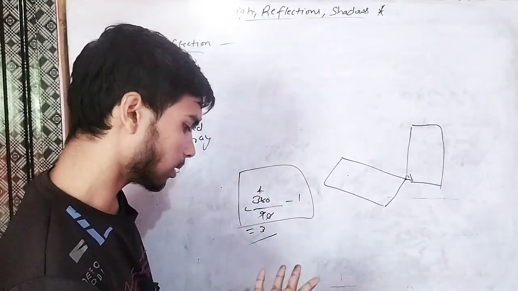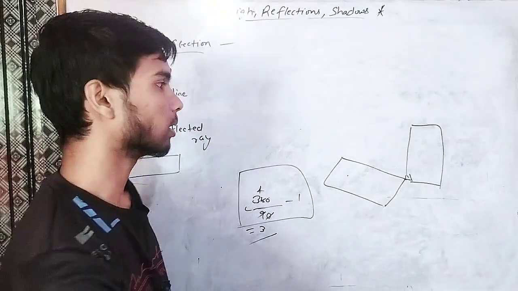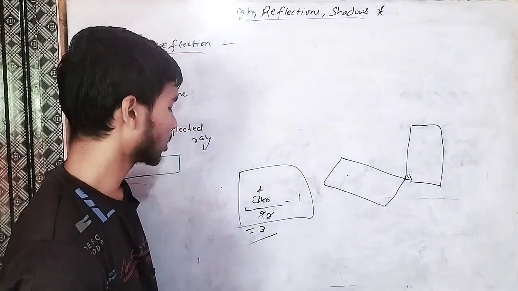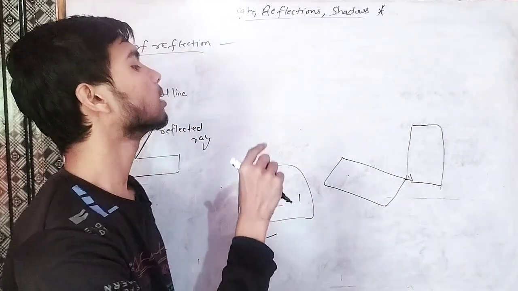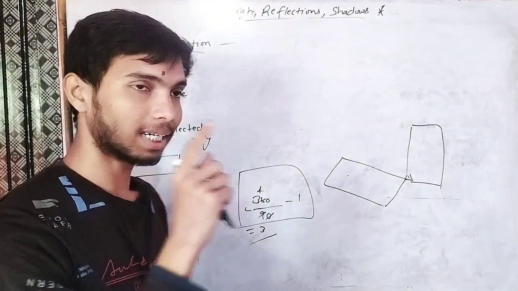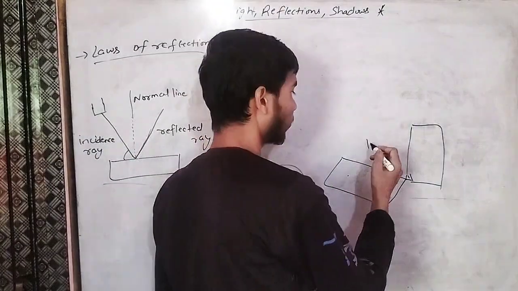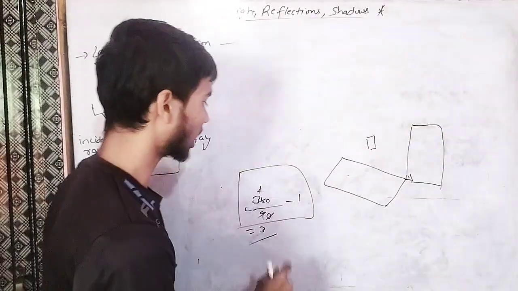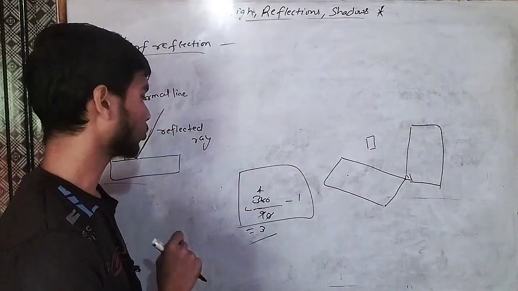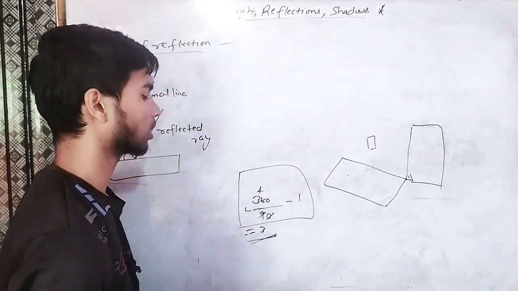So the mirrors are placed in 360 degrees, and we kept these mirrors at 90 degrees, and here we will keep one object. That's why we subtracted 1 from 4, and we get 3.